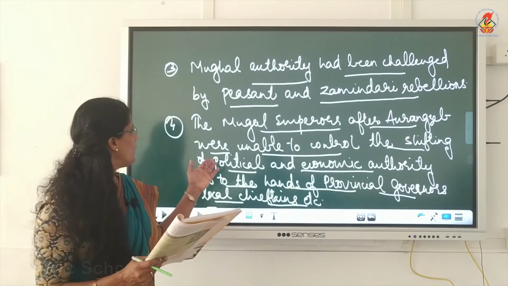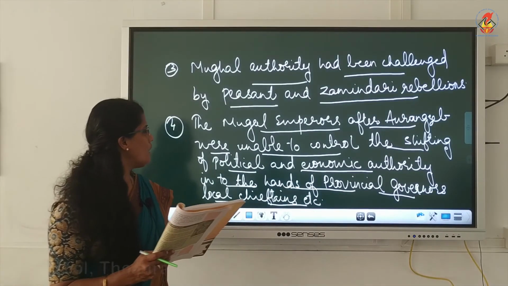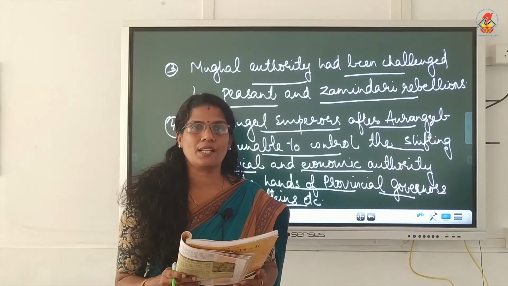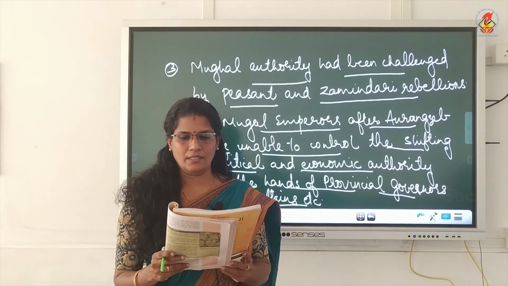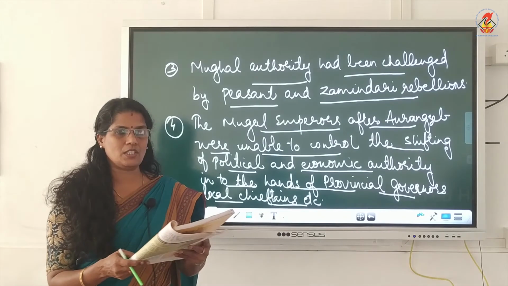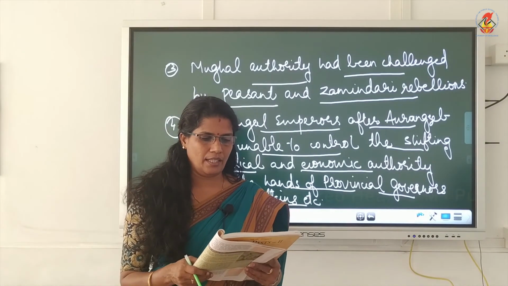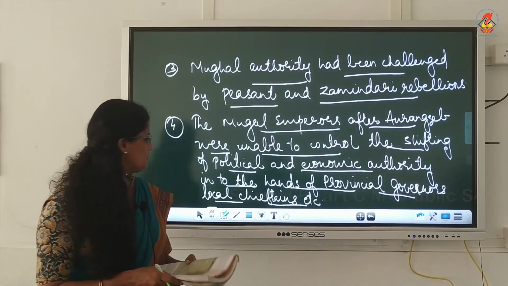Then the fourth one, the Mughal emperors after Aurangzeb were unable to control the shifting of political and economic authority into the hands of provincial governors. That is in the paragraph on page number 140, last line in the second paragraph. Underline, that is the fourth point.